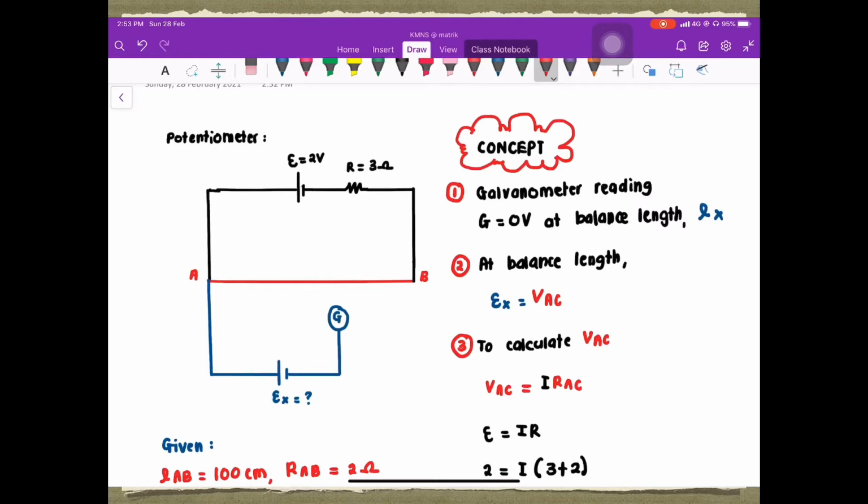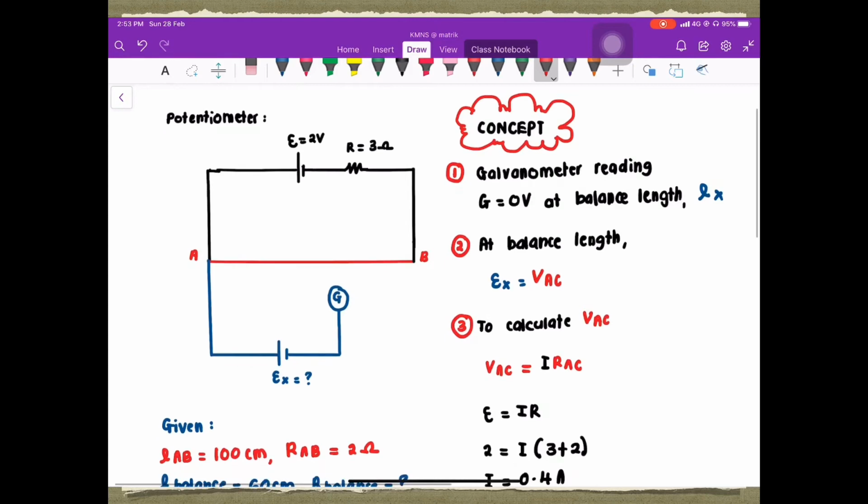Okay, now we want to discuss one question related to the potentiometer. Now we need to look at the concept for the galvanometer and the potentiometer. Before that, refer to the circuit. We have one dry cell battery of 2 volt, and an external resistance of 3 ohm.